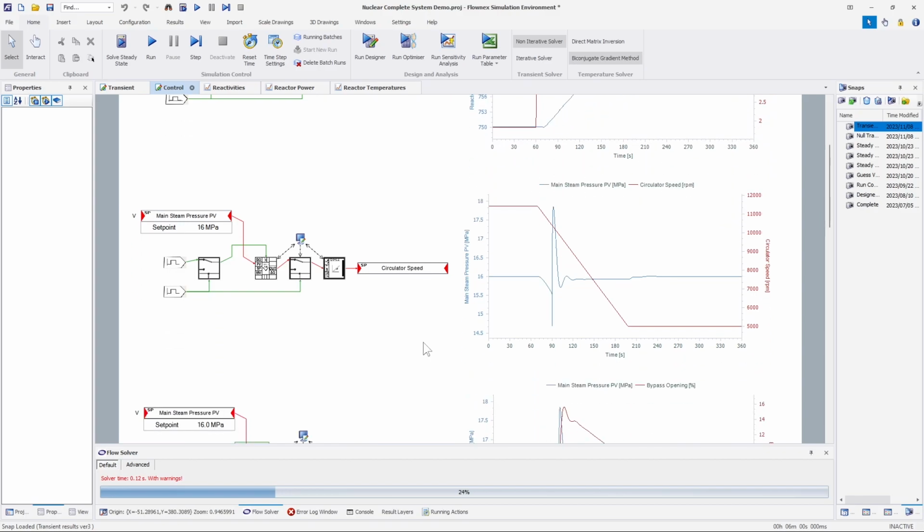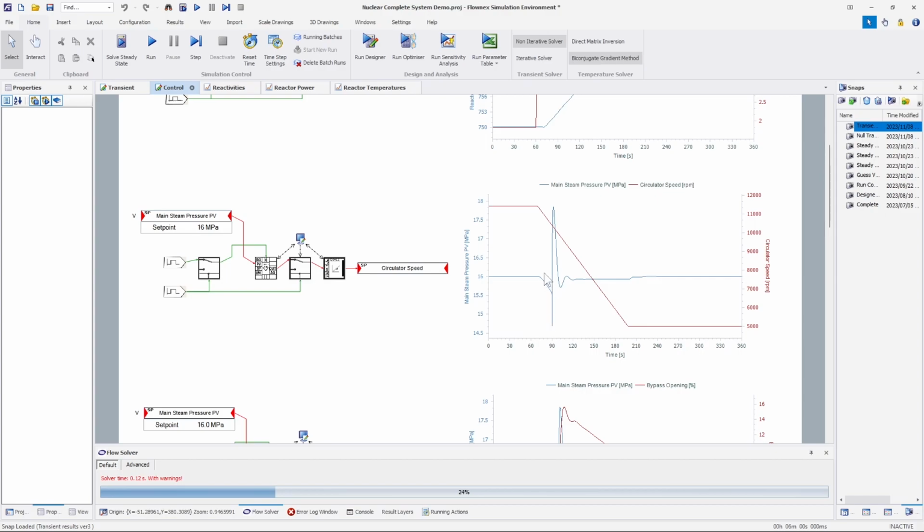The main steam pressure and circulator speed graph shows that after 70 seconds, the circulator speed starts to decrease until 200 seconds, where the final operating speed of 5000 rpm was achieved. A speed of 5000 rpm was chosen to ensure a low helium flow through the reactor to remove the decay heat.